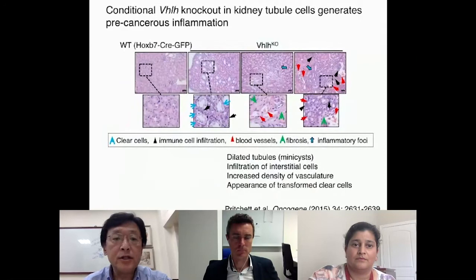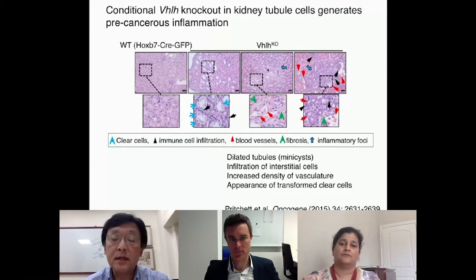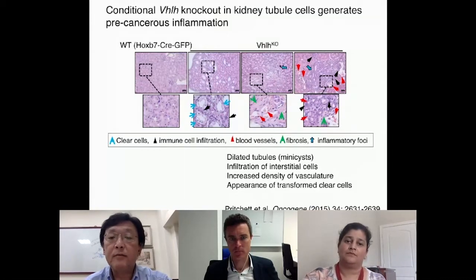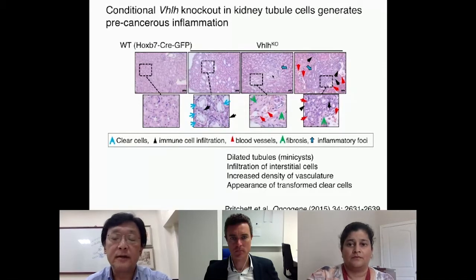So at the tissue level, what you see is clear cell clusters of these abnormal tubules, and also fibrosis and a lot of immune cell infiltration in this particular area. We call it an inflammatory focus.